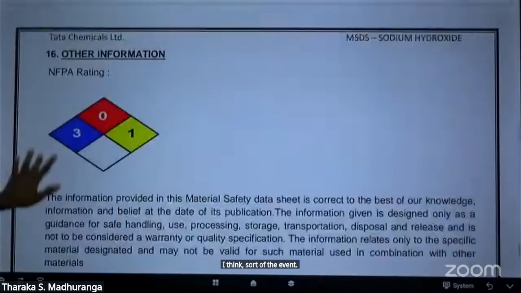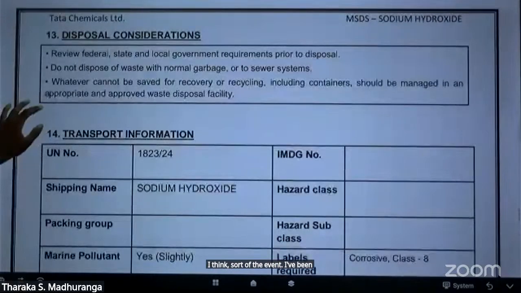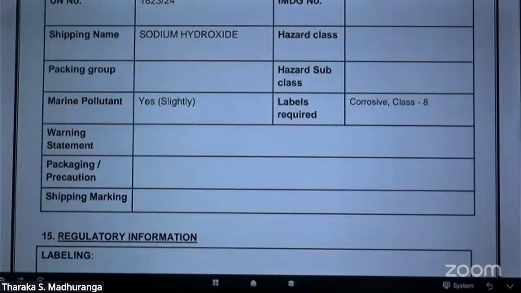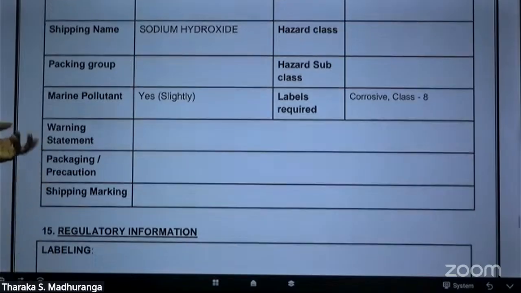Other information is also given. Okay, that is the MSDS.